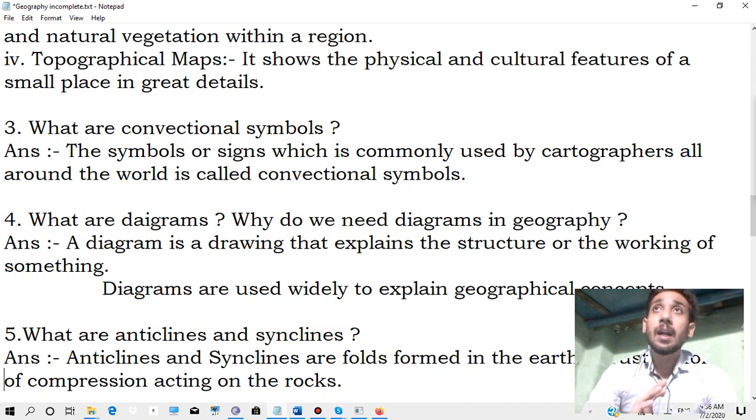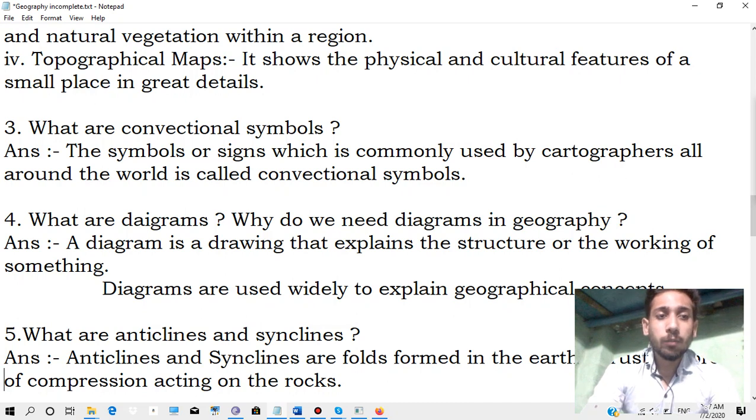There are many kinds of symbols or signs, but the most common symbols used by the cartographer to give specific information are called conventional symbols.